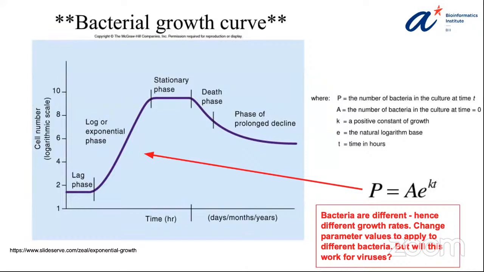But if you take a single viral particle, and if you allow it to replicate, it will make hundreds of thousands, if not millions and billions of copies of itself. So if you look at the pathway of how a viral particle replicates, it enters into a cell, it makes millions of copies of itself, and then each of those copies goes and infects another cell. So the model for viral growth will be different from this one.